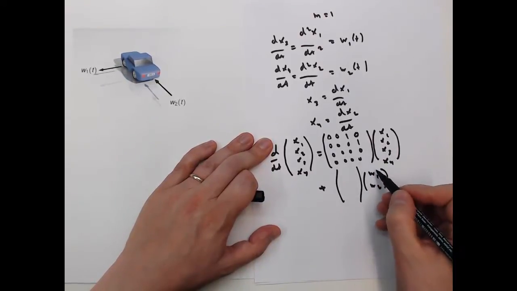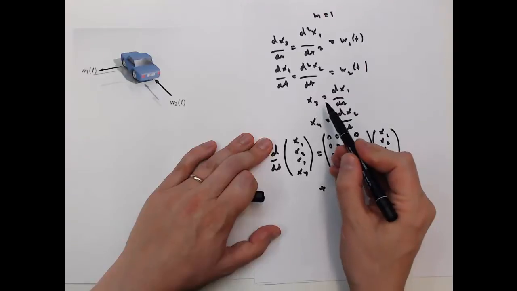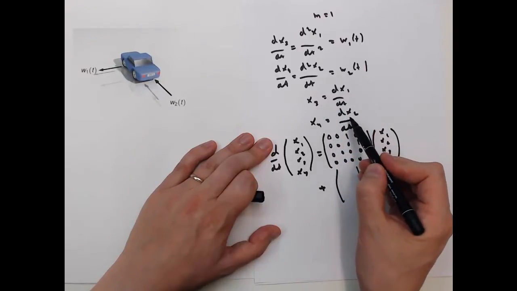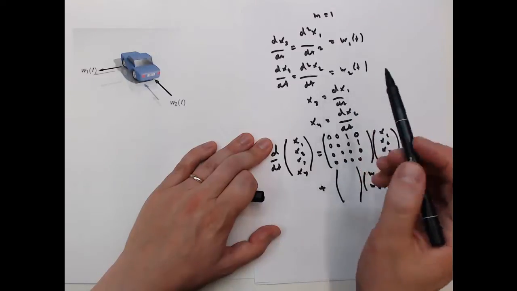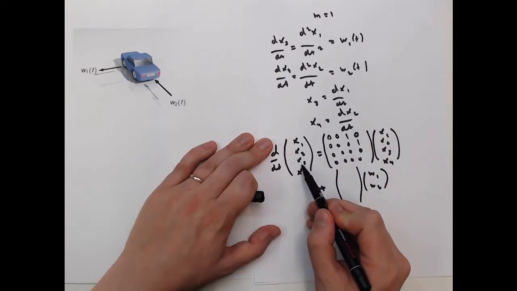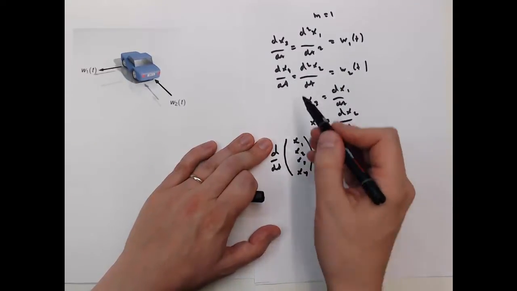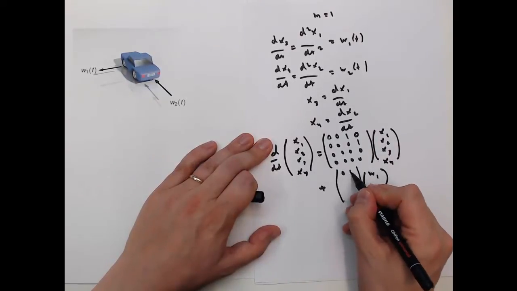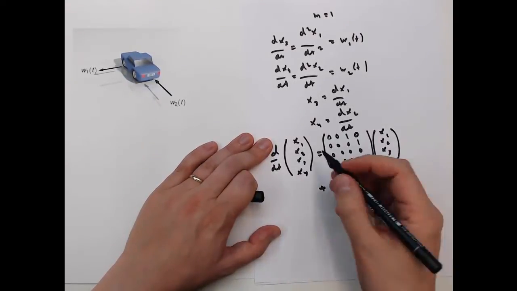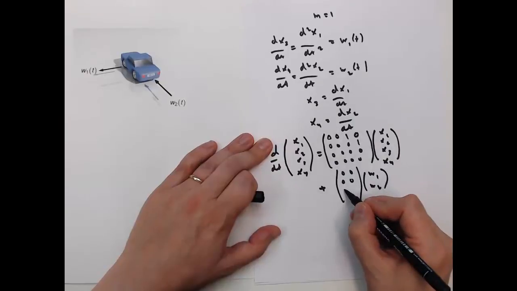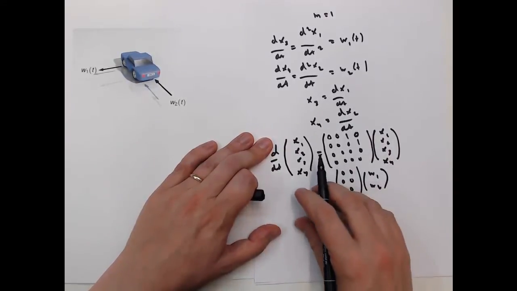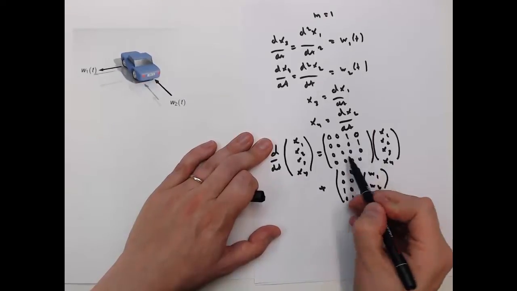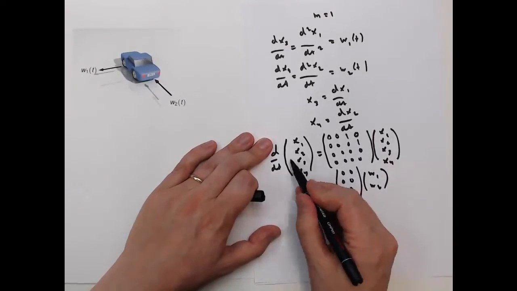So we should have it so that for the first and second components, we don't have any explicit white noise entering, but the white noise enters the derivatives of x3 and x4. So for the first two components, we have 0, and then we should have 1, 0, 0, 1 to get everything right. And now we can call this f, and this L, and this x.